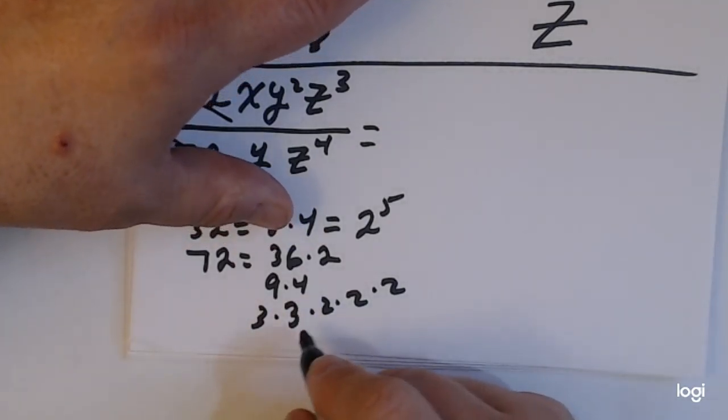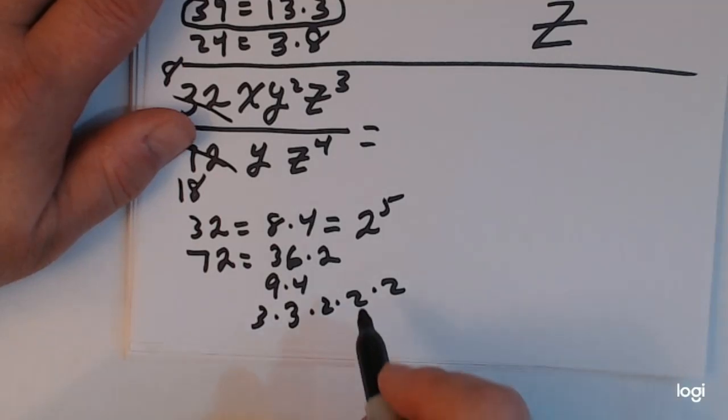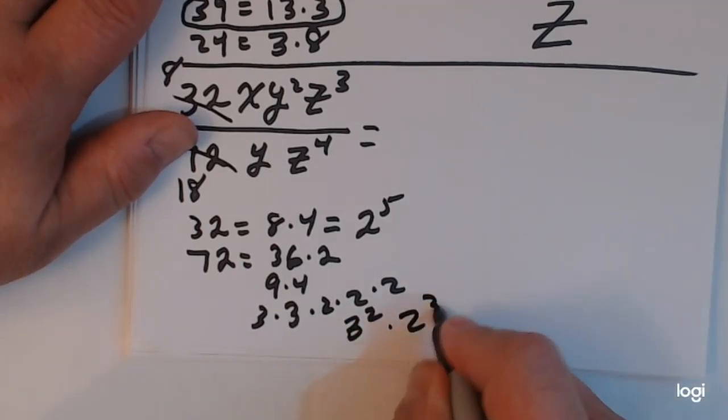Right, so that's 9 times 8 is 72. So let's see, we have 3 squared times 2 cubed.